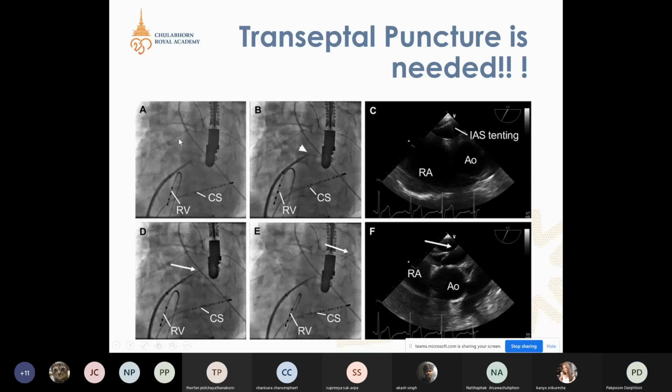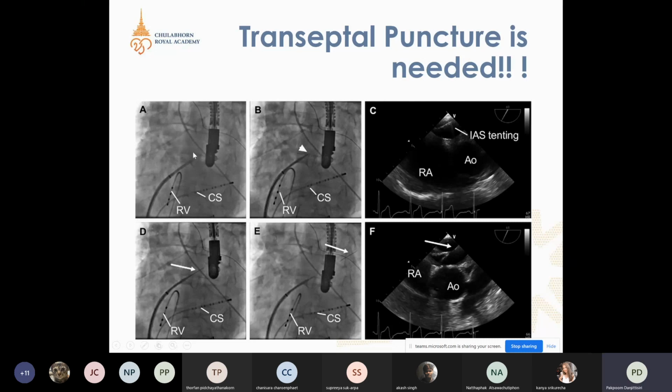The first drop is quite big because the dilator is pulled from the SVC into the atrium. After that, we should see another small drop. That means the dilator is going into the fossa ovalis.